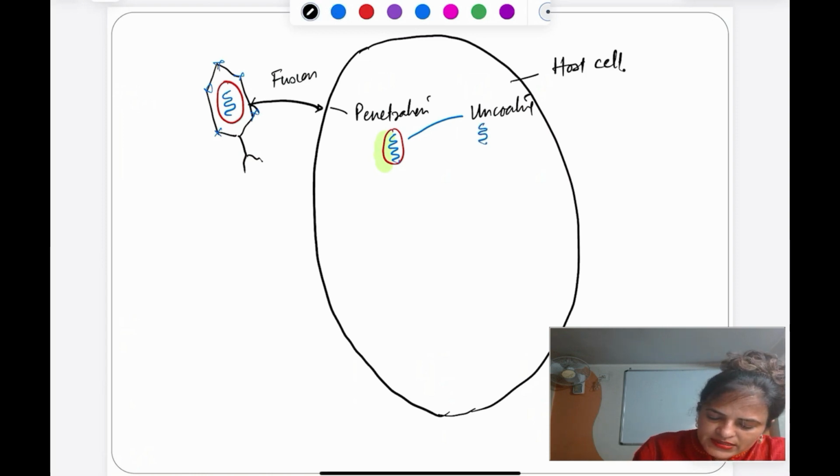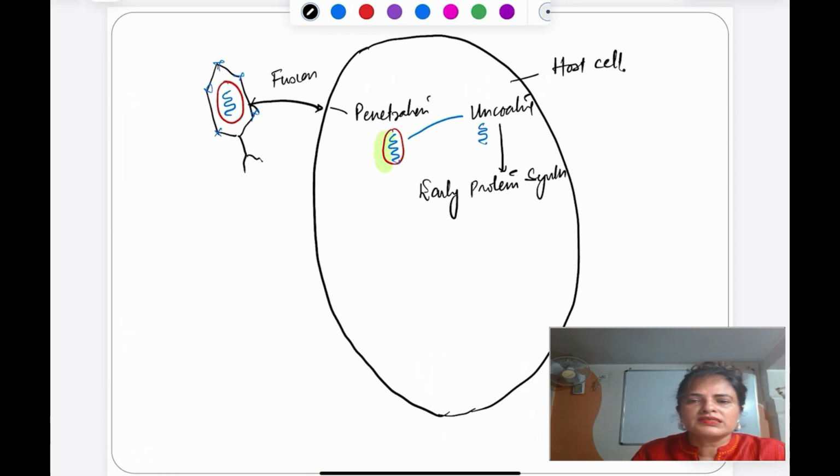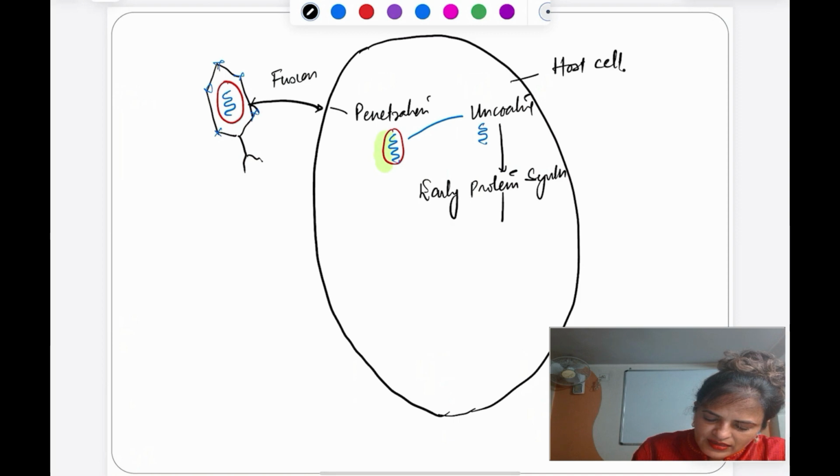And the next step is early protein synthesis. And then there will be nucleic acid synthesis, where the genetic material will be synthesized. Then late protein synthesis.